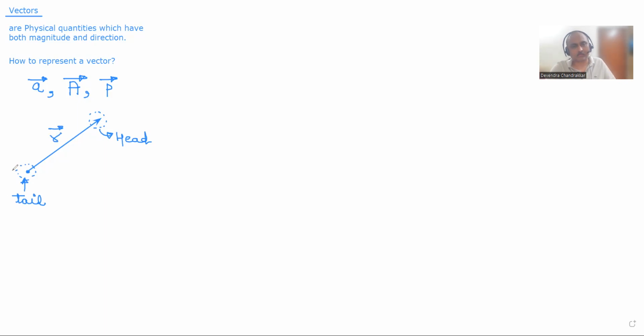This is vector r, and the direction is usually taken from the positive x-axis in the anti-clockwise sense, until and unless it is specifically mentioned, right? So here the direction of the vector is making an angle theta. You're aware of these Greek alphabets, right? So theta is the angle which this vector r makes with the positive x-axis.